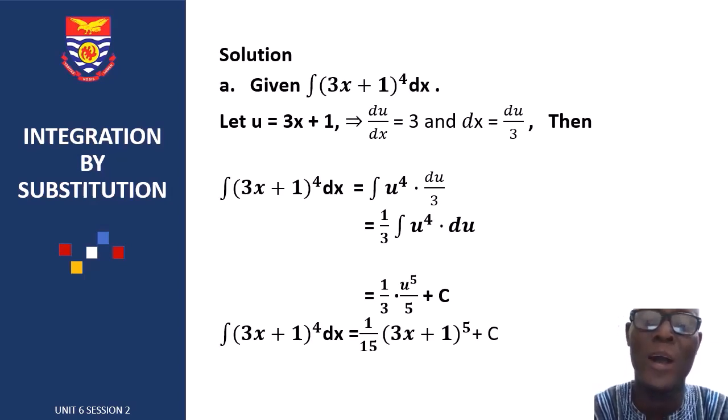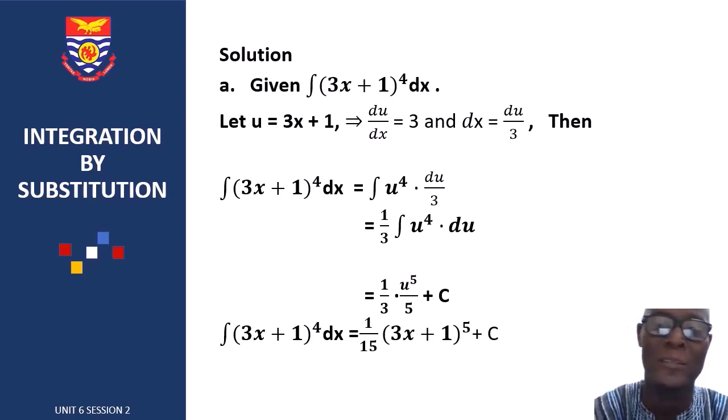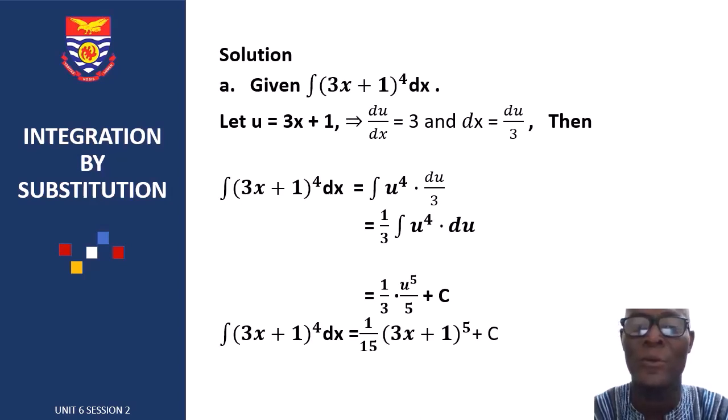But we know our u is 3x + 1. And hence, replacing u with 3x + 1, we have the integral of (3x + 1)^4 dx is equal to 1 over 15 (3x + 1)^5 plus c.